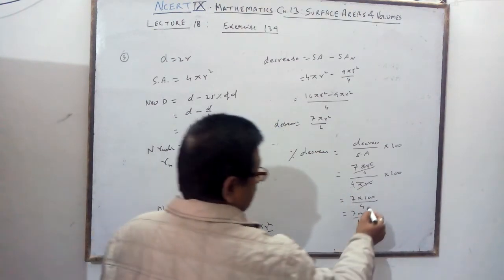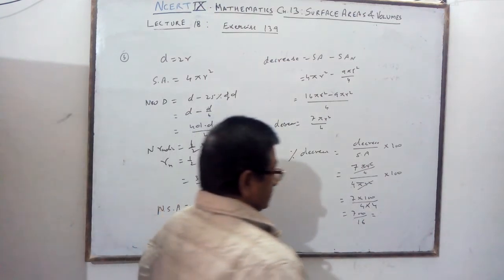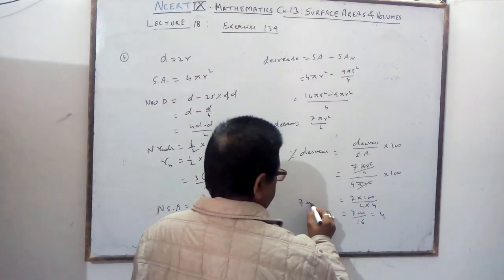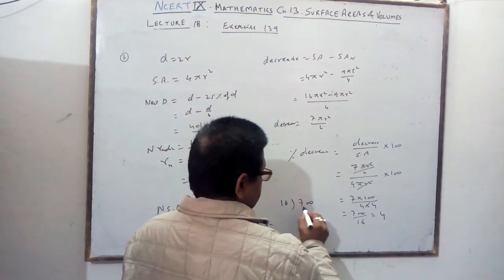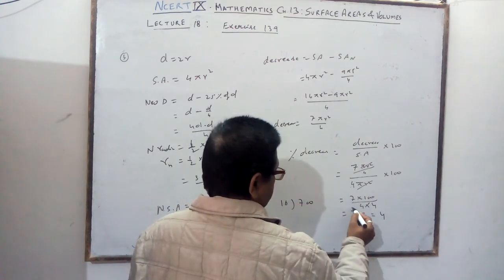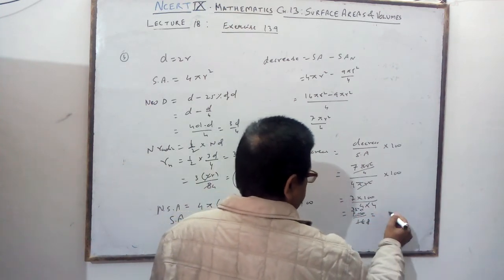So you get 700 divided by 16. Simplify: 2 8 is 16, 2 3 is 6, 2 5 is 350, so 350 by 8.